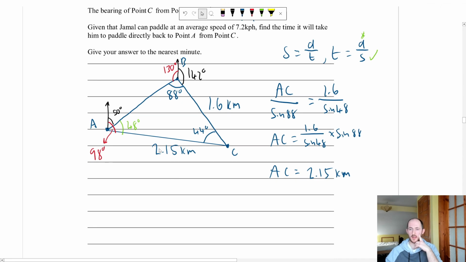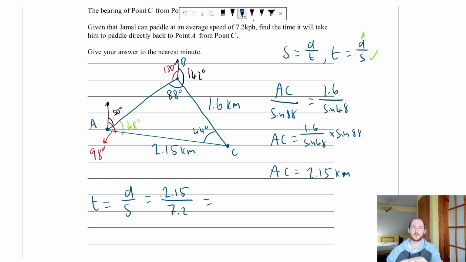Cool. So all I actually just need to do is speed equals distance over time. Now, yeah, this will be fine. So time is equal to distance over speed. So that equals 2.15 over 7.2. Now, of course, this is in kilometers per hour, so my answer is actually going to be in hours.